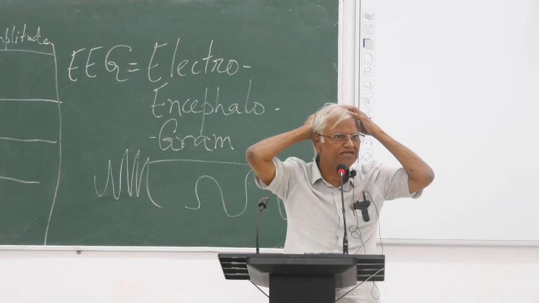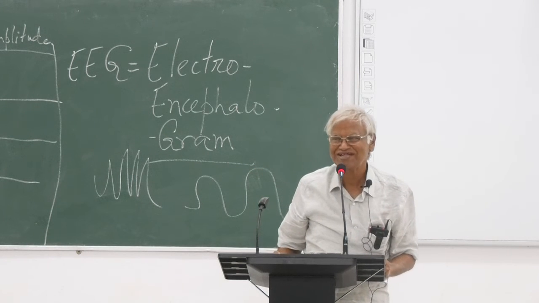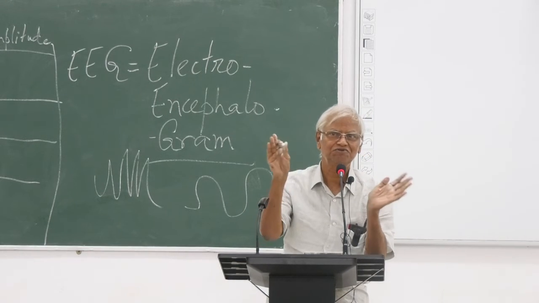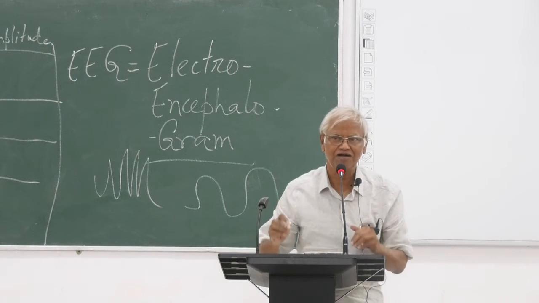Right now if you do an EEG on me, it will show beta waves. All waves are beta waves. I think for you, except a few who are yawning or closing eyes, it may be alpha.